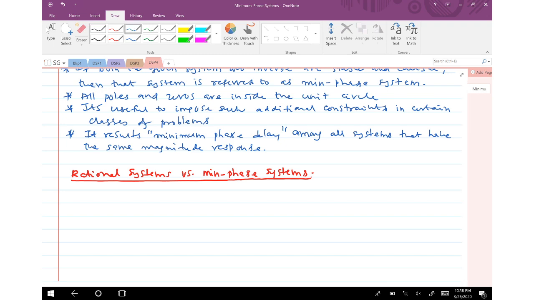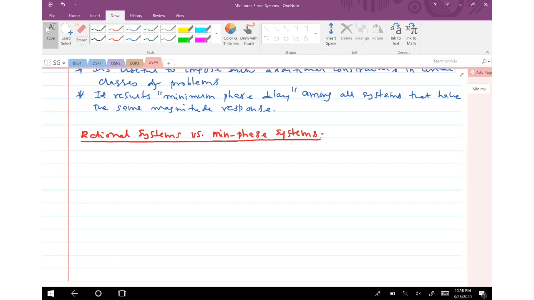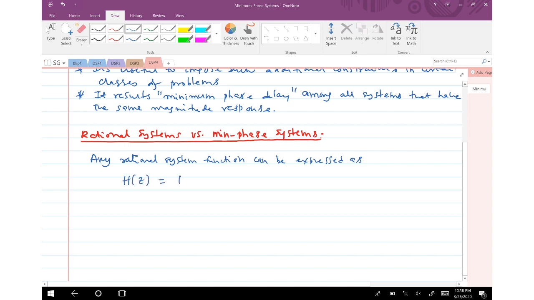The statement that we are going to make now is that any rational system function can be expressed as H(z) equal to a minimum phase system H min of z multiplied with an all pass system that we discussed in the previous lecture.